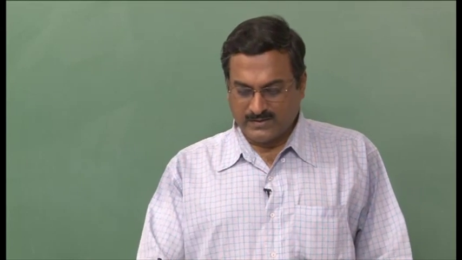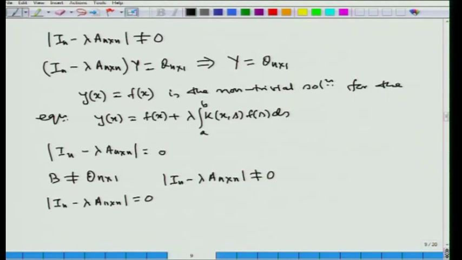In case of redundant equations, we will have infinitely many solutions for the given problem. So, this is all about the discussion regarding the nature of solutions of the Fredholm integral equation associated with the nature of the determinant I n minus lambda a n cross n, and whether the matrix B is a null matrix or a non-null matrix.